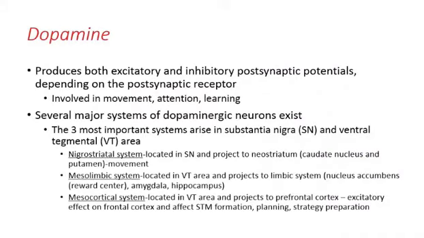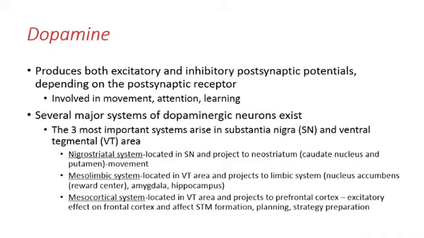So taking dopamine first, dopamine can produce both excitatory and inhibitory postsynaptic potentials. Depending on the postsynaptic receptor, it's involved in movement, attention, and learning. There are several major systems of dopaminergic neurons that I mentioned a little bit ago.